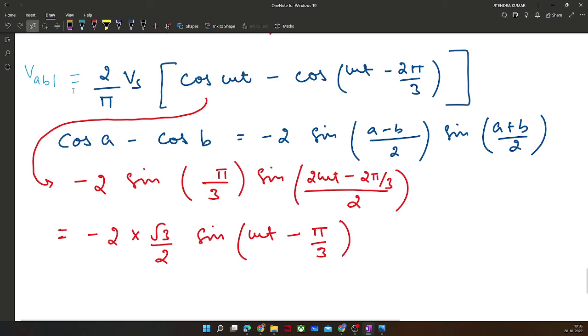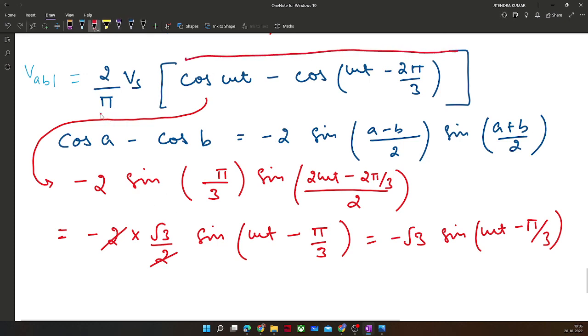So we can cancel it here. It will come out to be root 3 sine of omega t minus pi by 3. We solved only this portion here, and the other portion is already simplified.